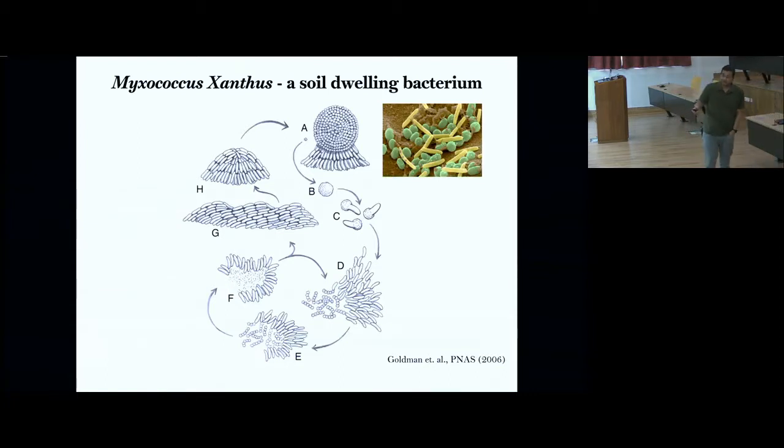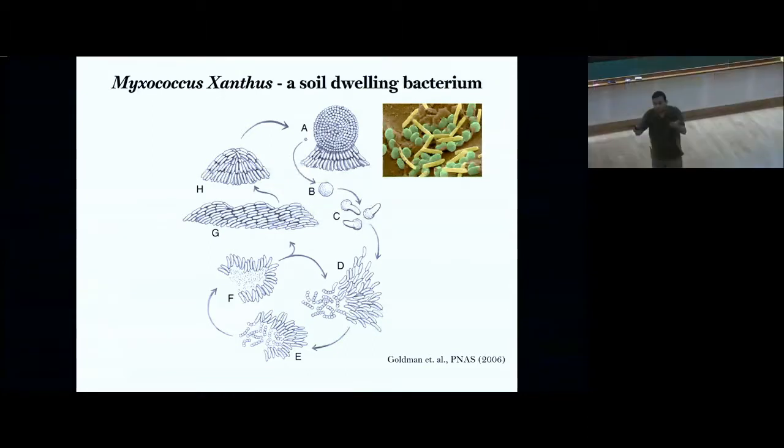So when food is plentiful, it lives in this cycle of growth and division, and so on. And as soon as food is taken away, all of these cells initiate a rapid program where they all come together and form this mound, which is what is called the fruiting body in the picture that you saw. And within that fruiting body, cells exist of course, I already told you that there's differentiation of cell type, and also they exist predominantly in two forms.